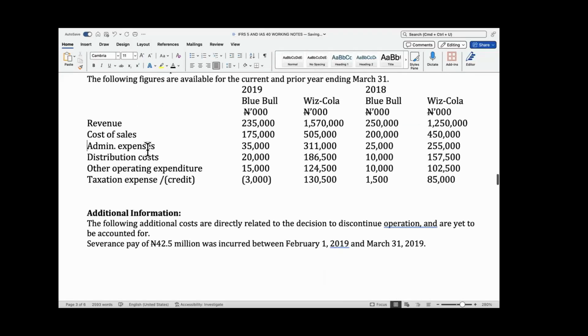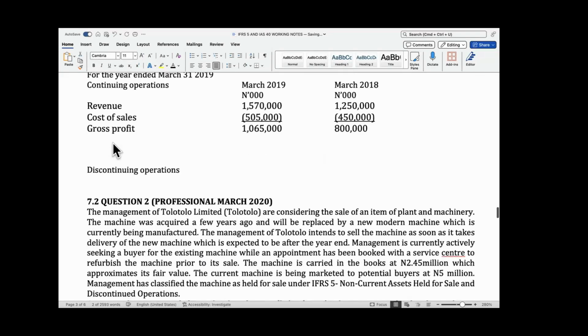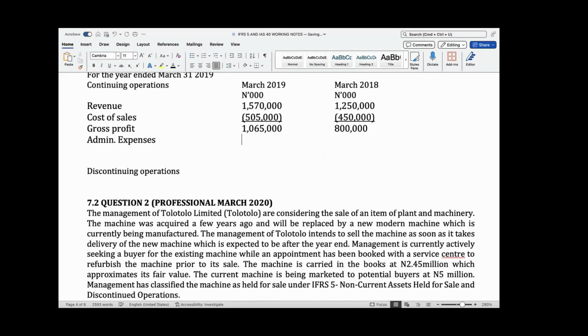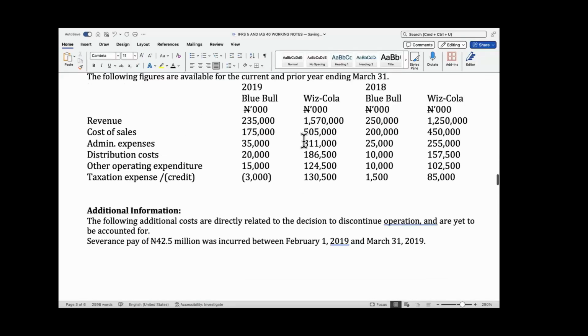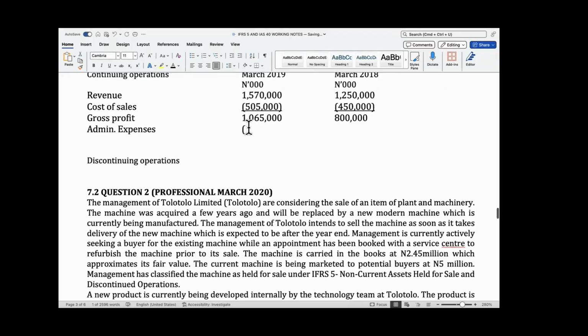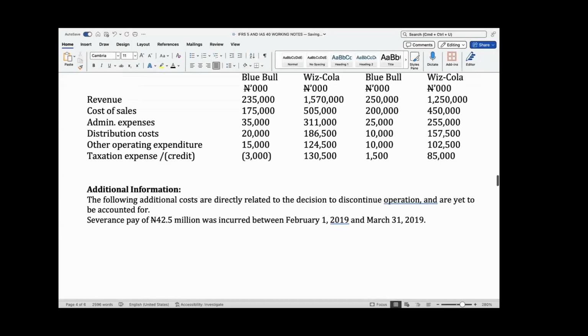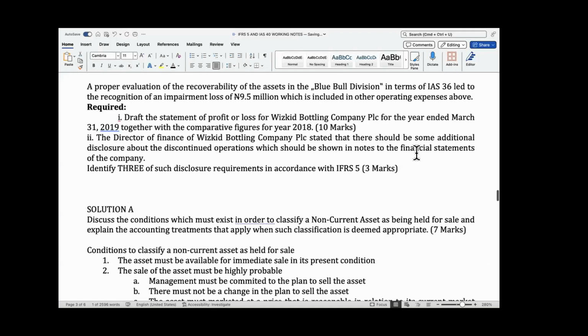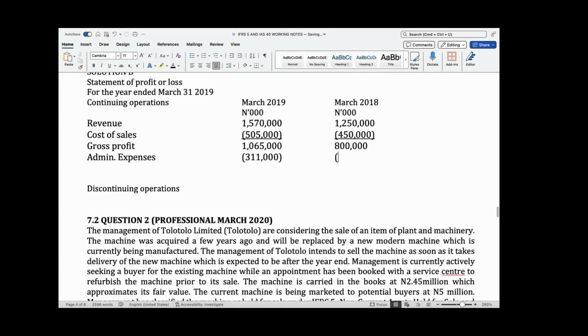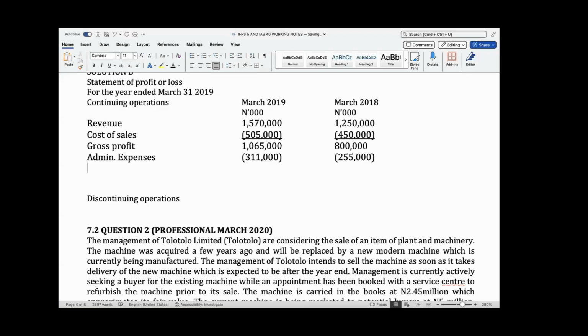Then we have our administrative expenses. For administrative expenses for Whiskola, we have 311,000, and for the comparative period, we have 255,000.